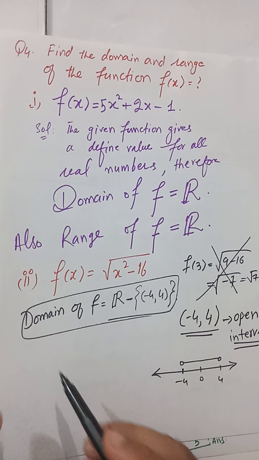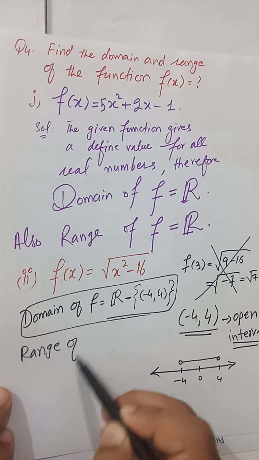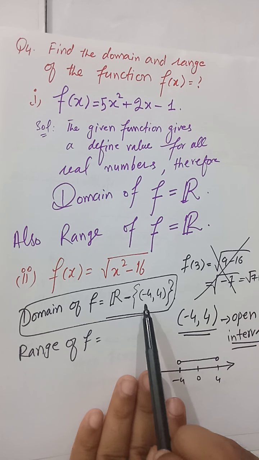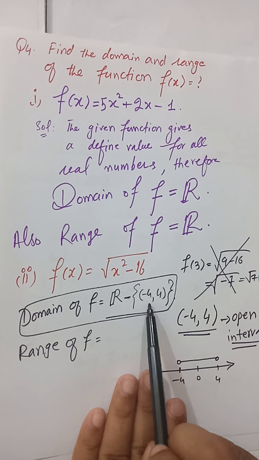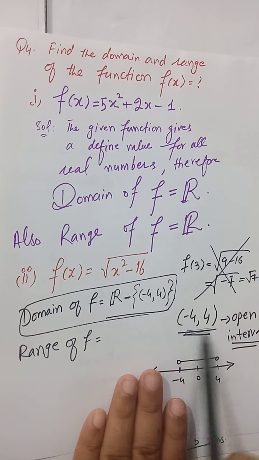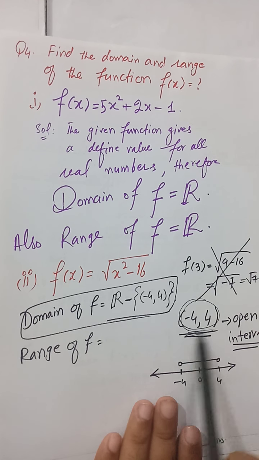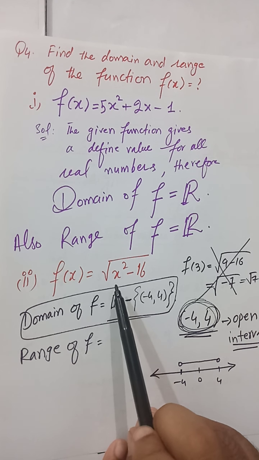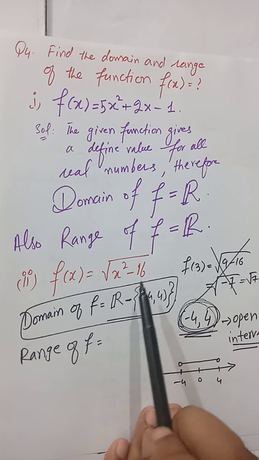Now what will be the range of this function? When you put values from the set of real numbers excluding these values, all values which are not present in this interval, this square root function must be positive. When I put 5, so 25 minus 16, you will get 9, so 9 square root is equal to 3, positive.